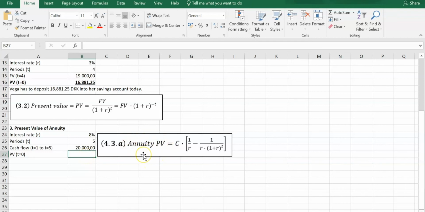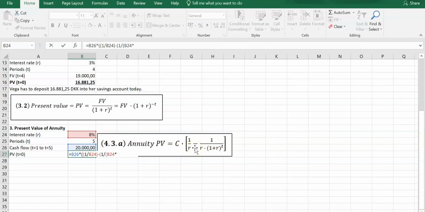So the annuity present value here, that is the cash flow, and that's the first cash flow in the annuity, multiplied by, I start a parenthesis, then I start another one just to show that I want this one calculated in here, 1 divided by the interest rate, parenthesis stop, minus, then I start for the next fraction here, 1 divided by, and then I have a parenthesis for the bottom, that is the rate, that's the R down here, multiplied by 1 plus the rate into the power of T. Then I'm done.